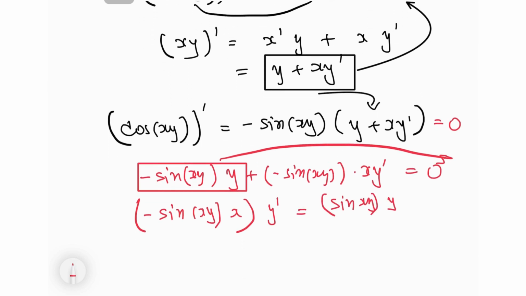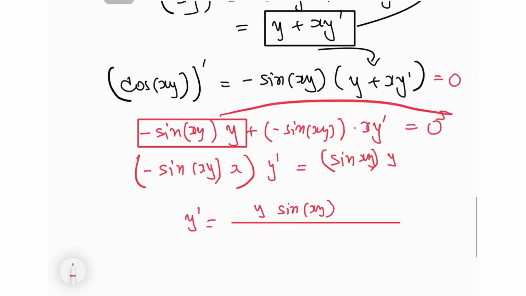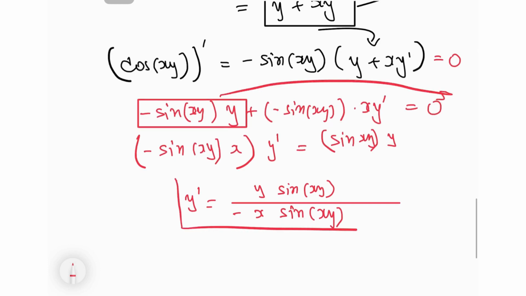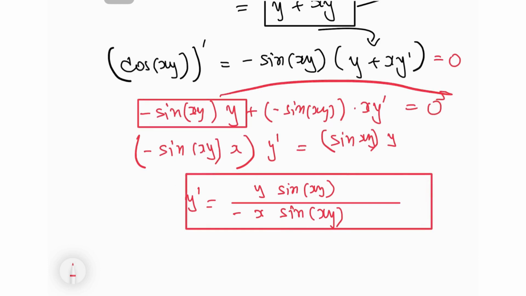And then y prime is y sine xy over x times minus sine xy. And that's the answer for this part.